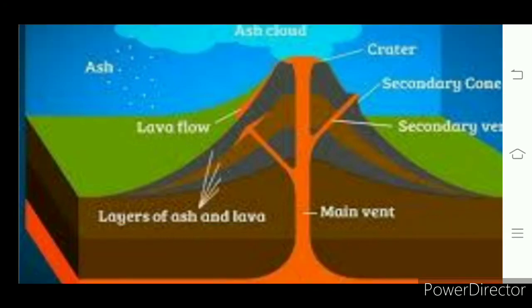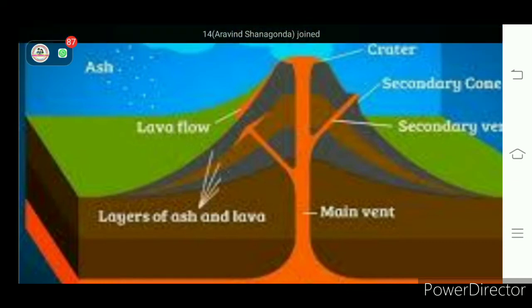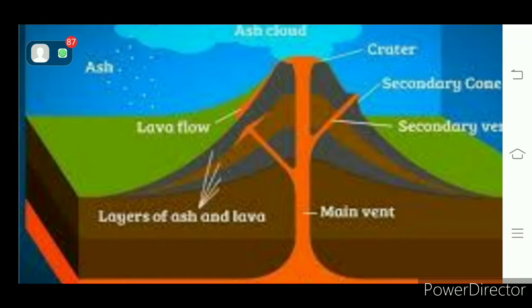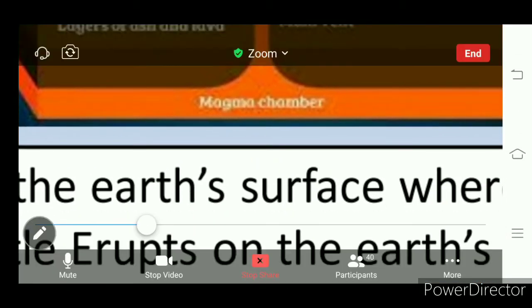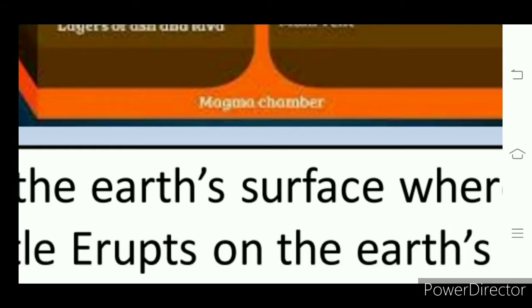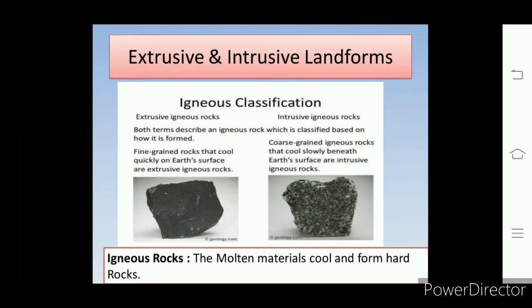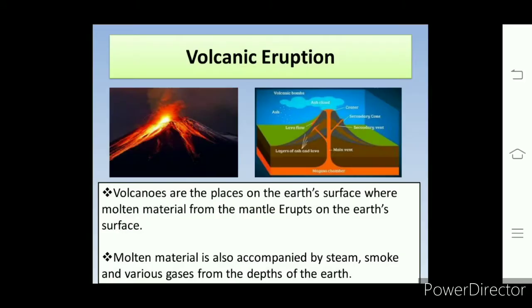Instead, sometimes when the compressional force from the mantle is not too much, it erupts out slowly, instead of coming with a high force, and flows on the earth's surface. That leads to the formation of lava plateaus.